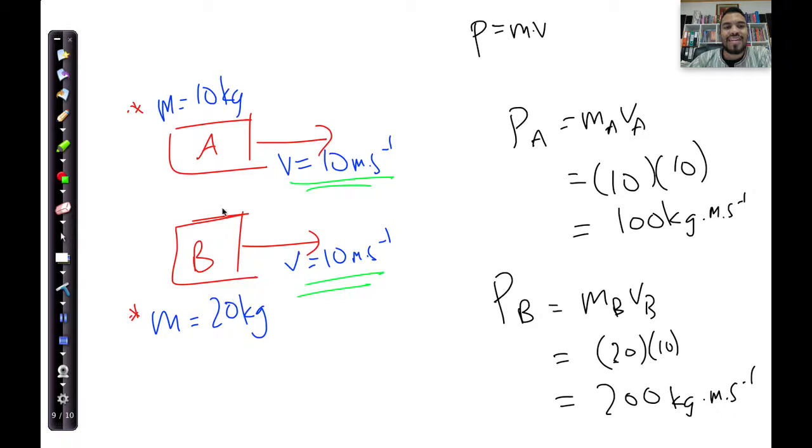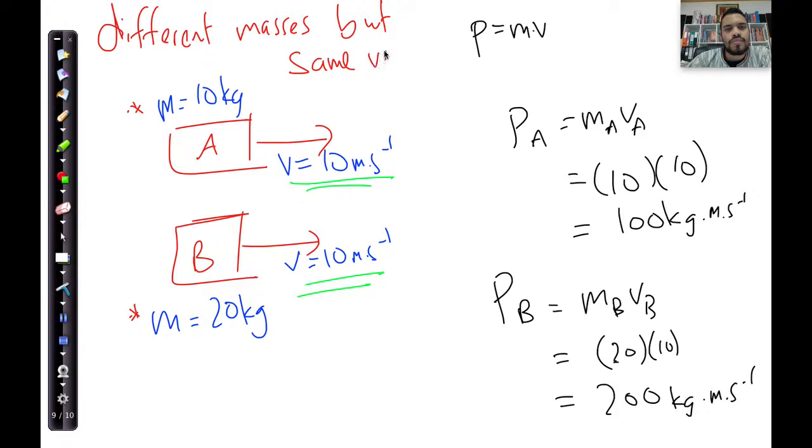Object B is heavier than object A. It's got a bigger mass. So let's put a note on top there: different masses but the same velocities.